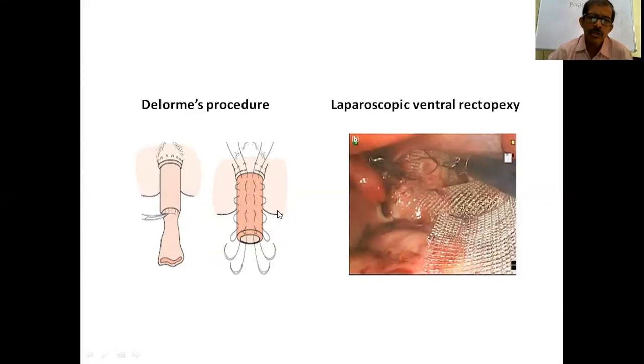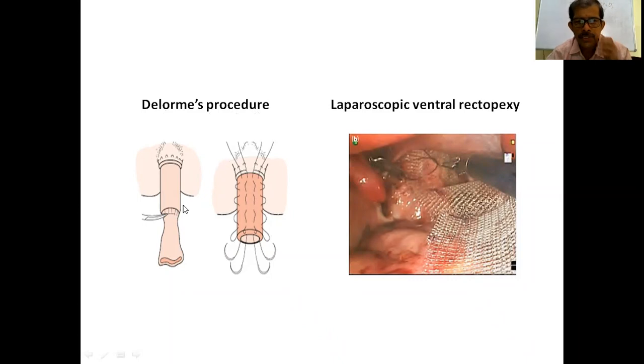So it will be like a spring, it will contract, and then once it is done, they will suture this mucosa to this mucosa, so that again the whole thing will go back inside and will not come out. So this is the Delorme's operation.